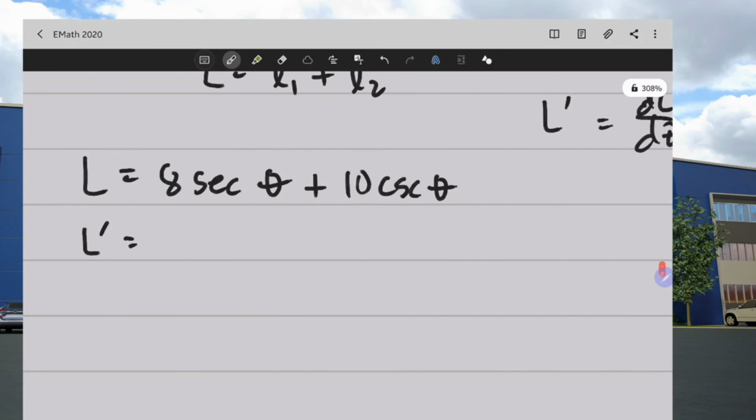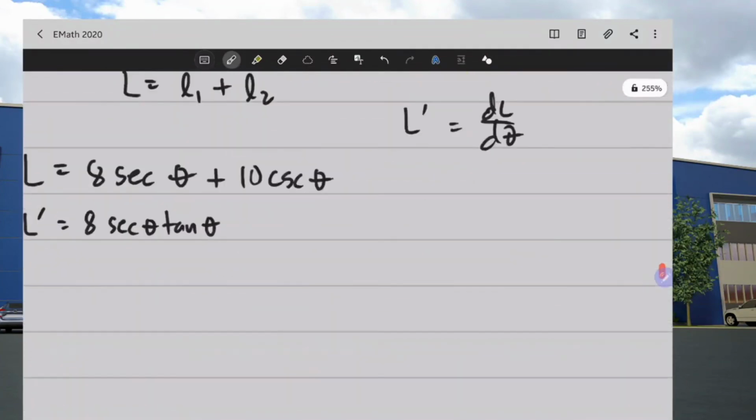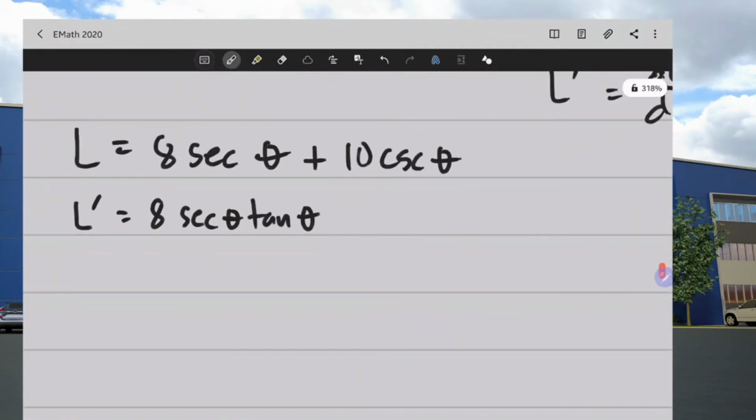So 8 is a constant times the derivative of secant, which is secant theta tangent theta, times the derivative of theta over theta, d theta, which is just 1. So ito yun siya from our previous formulas na I showed you kanina.